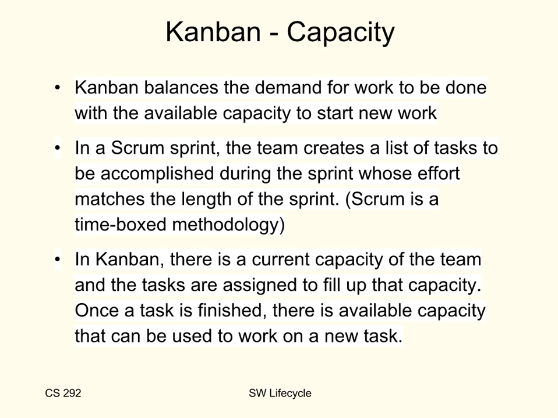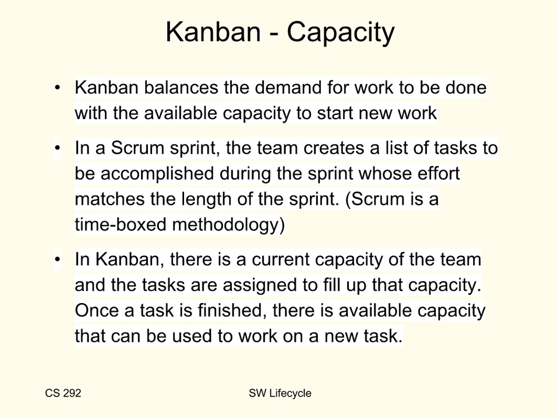It's 8 times however many days are in the sprint times the number of people in the team. It's not really that easy, but it's close. And so that's the capacity of the team. So Scrum is a time-boxed methodology because each sprint is exactly the same length.